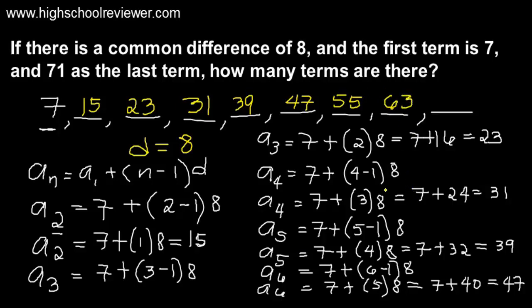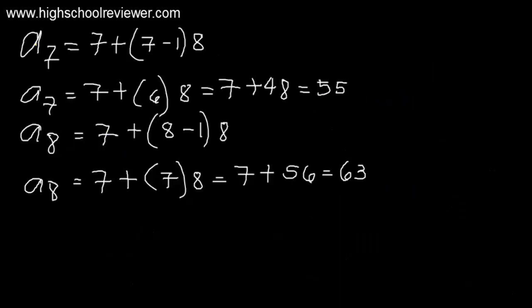Okay, 63. Let us now find the 9th term, our a sub 9. So a sub 9 will be equal to 7 plus our n is positive 9, so this will be 9 minus 1 multiplied by 8.